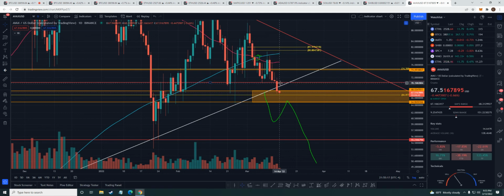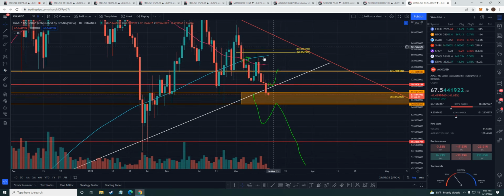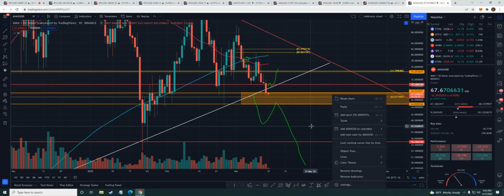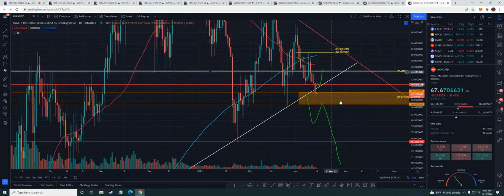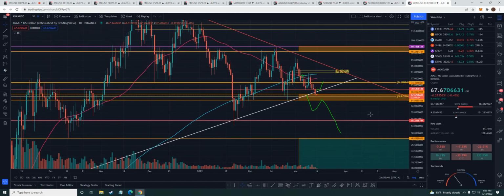So I would like to see a daily candle going up above here, closing, then seeing the next candle hold. Okay. If we can do that, then I would be looking at this 74, 75 range. That would be my next target, and then up to this 80. Okay. So to the downside, let's see if 64 or even this 66 holds up. To the upside, higher time frames, we're looking at that 70 and then that 75. Okay. And then to the 80.